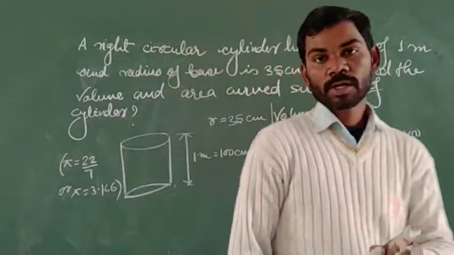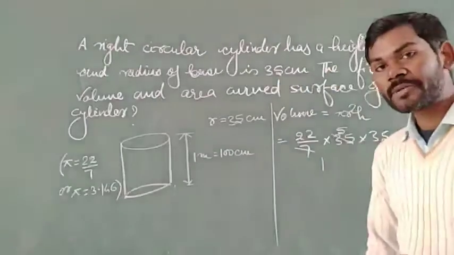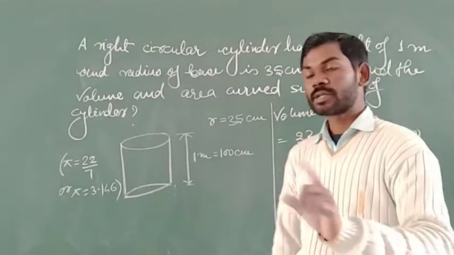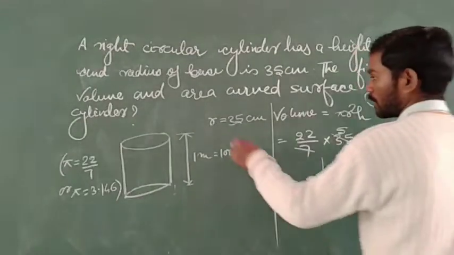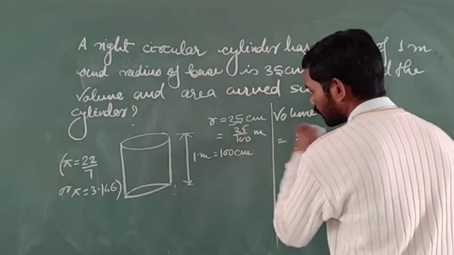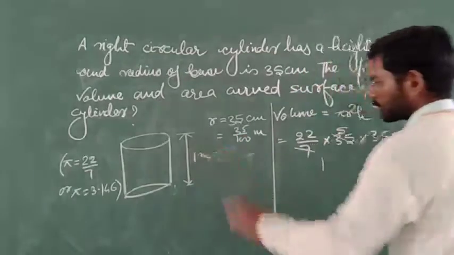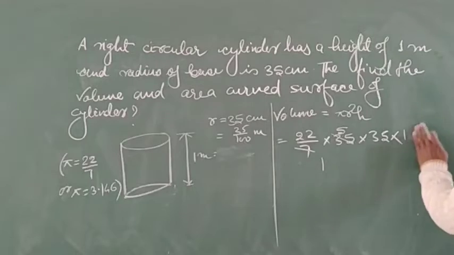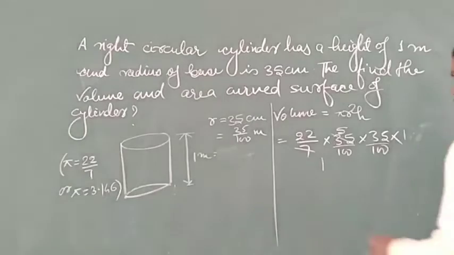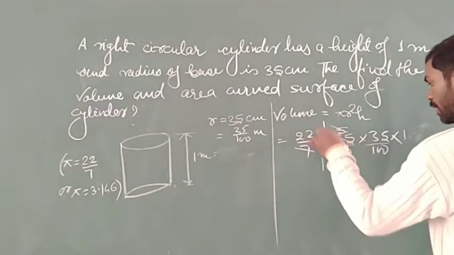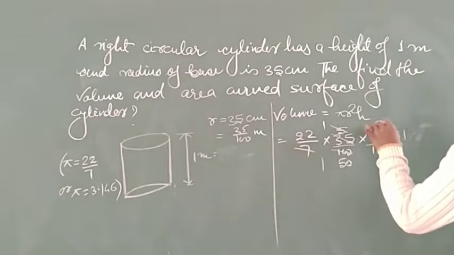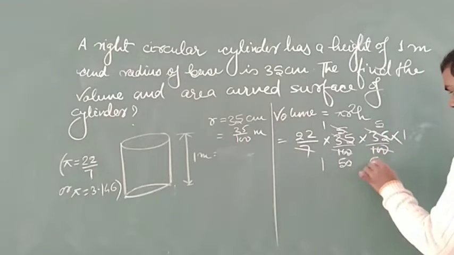If we write all quantities in meter, then 35 centimeter can be given as 35/100 meter, and the height will remain 1 meter. So here we get 35/100 by 100, 5 1s are 5, and it will be 50.